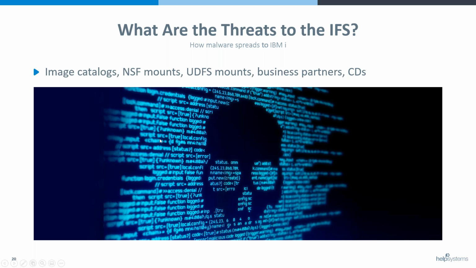Some other ways the malware can spread to IBM i: image catalogs, NFS mounts, UDFS mounts, business partners, CDs, any way that you're installing something on IBM i where you have taken files from another source and put them onto your IBM i. And as I mentioned, if you're using any applications that have graphical interfaces, that's going to come with files that are going to be populated out to that IFS.